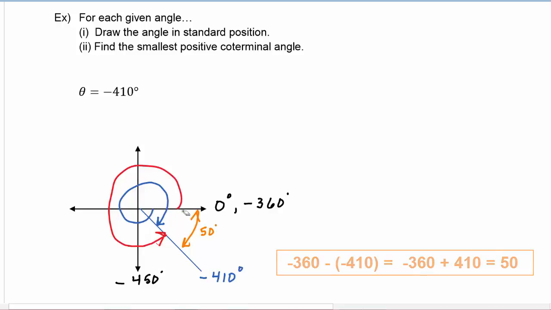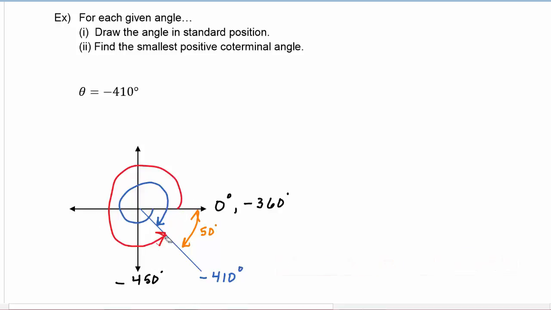So if we start at 0 and go to the angle, we know it would be 50 more to get to 360 degrees. So we could do 360 degrees minus that 50 degrees to discover that we have 310 degrees. So that's our smallest positive coterminal angle.